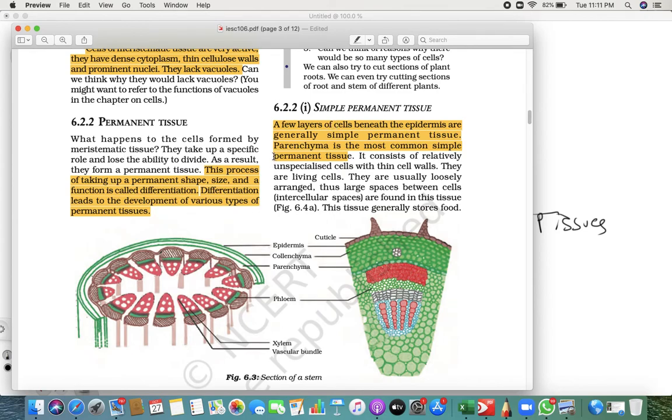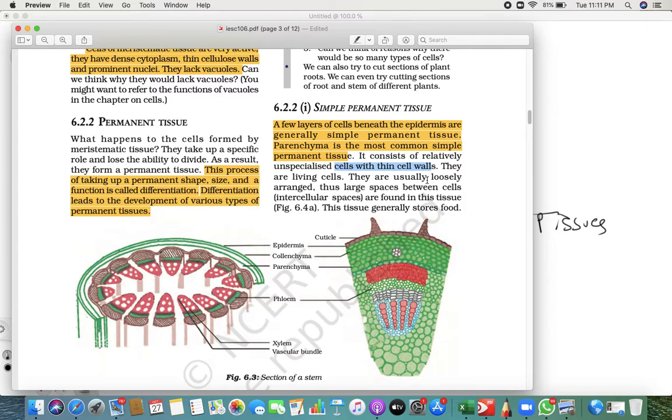Now the question is simple permanent tissue. So the first one is, as I said, parenchyma. Parenchyma is the most common simple permanent tissue. Now what does a parenchyma do? It has relatively unspecialized cells with thin cell walls, and they are loosely arranged.